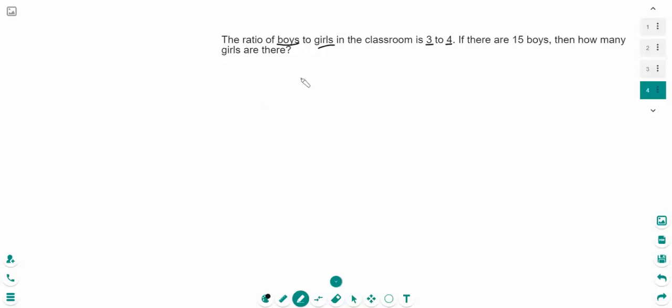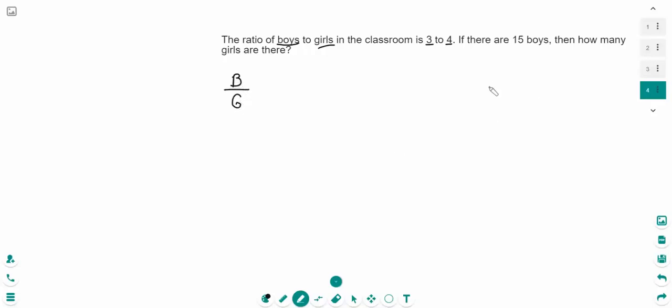To set this up, we're going to set it up as a proportion, which remember is just 2 ratios set on either side of an equal sign. And what are we comparing? That's really the first question here. In this story problem, we're comparing boys to girls. So I'm going to use B to represent boys and G to represent girls.